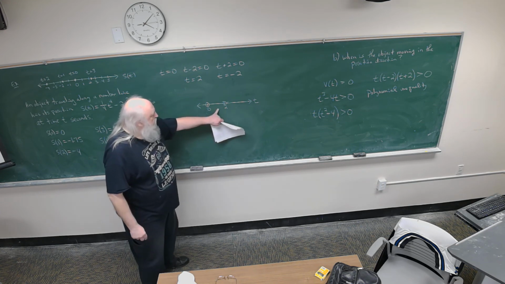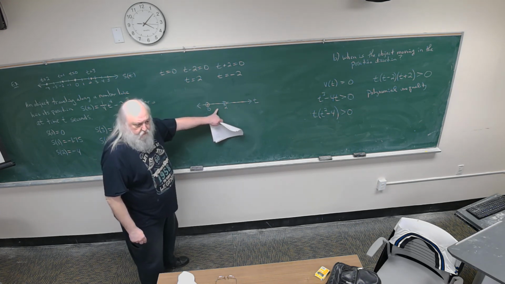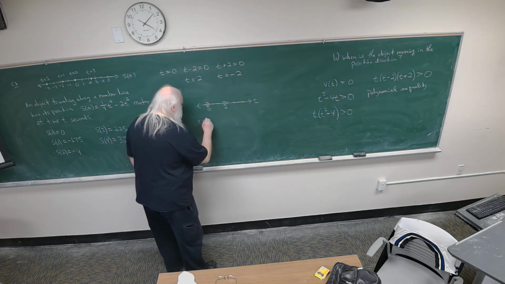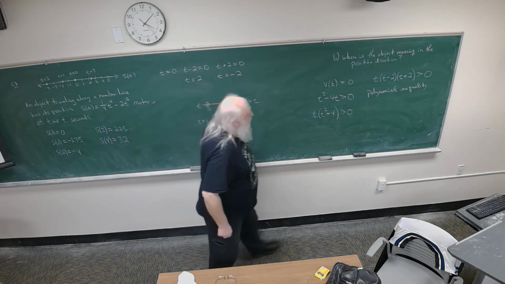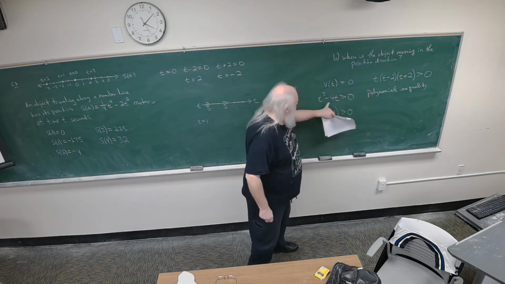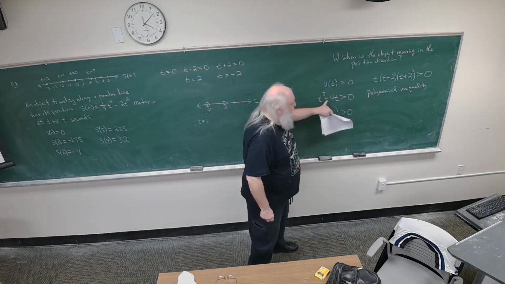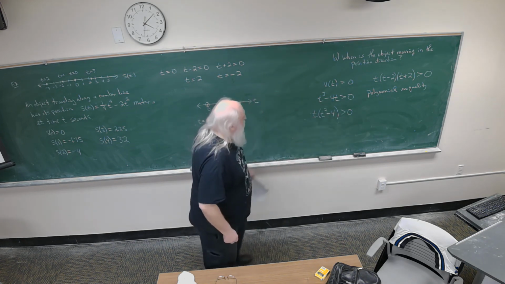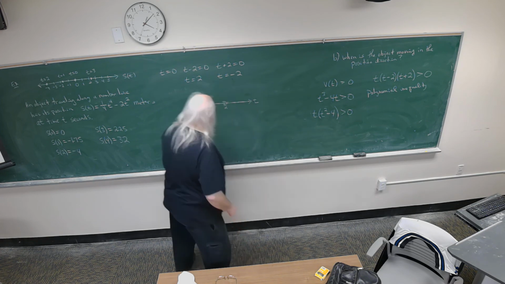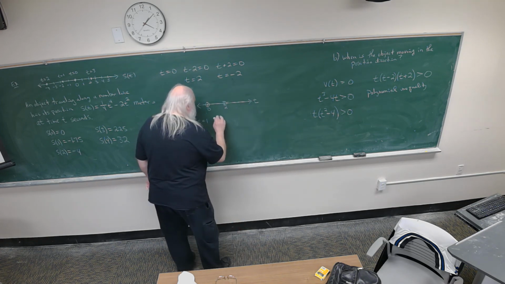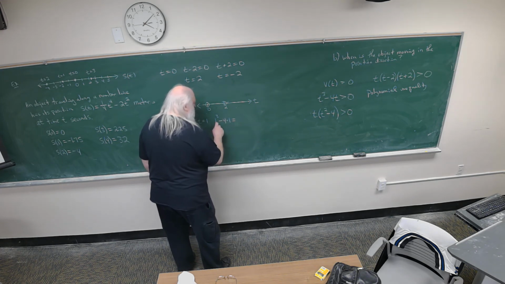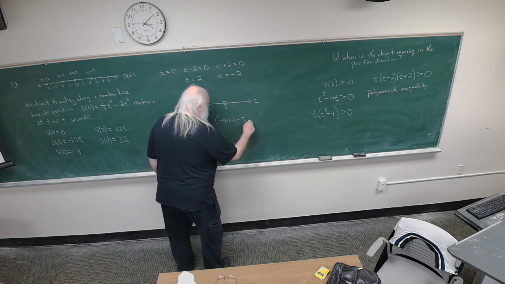So 1 is between 0 and 2, right? Testing this interval, t equals 1 is my test point. And it doesn't matter whether you use the factored form or the unfactored form. You just want to know, is the left-hand side positive or negative with that value of t. So if I put 1 in for t, I have 1 cubed minus 4 times 1, which is equal to 1 minus 4, which is negative 3.